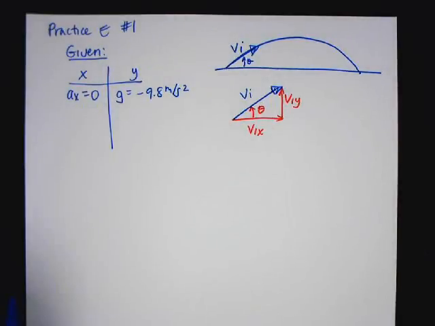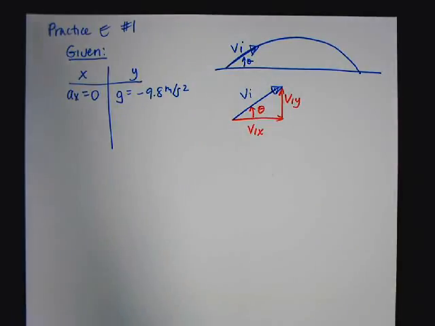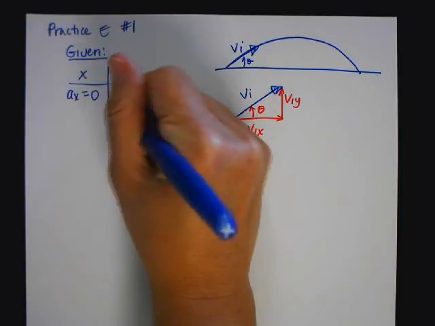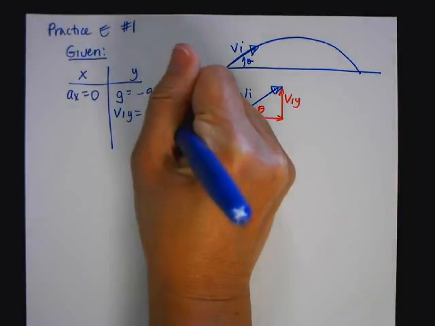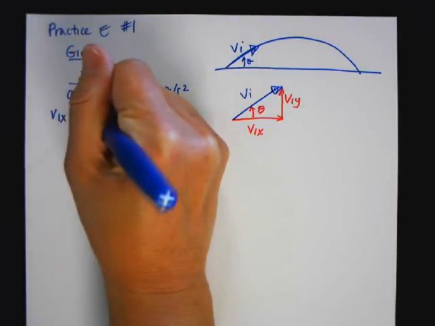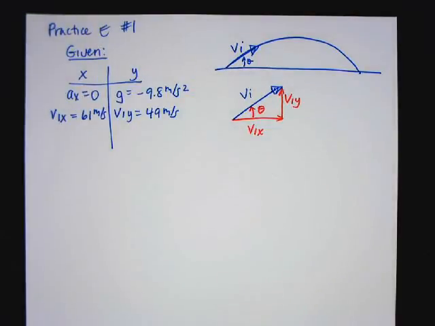So they say that the vertical component is equal to 49, so VIY is equal to 49, and then the horizontal component, VIX, is equal to 61. So this problem's easier because they already gave you VIX and VIY.